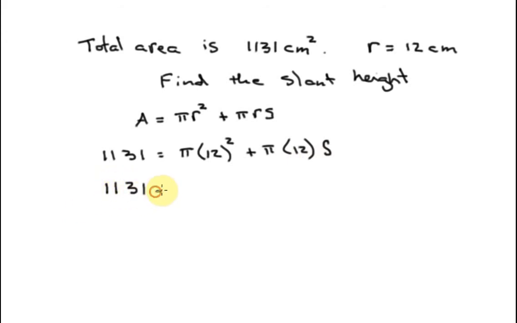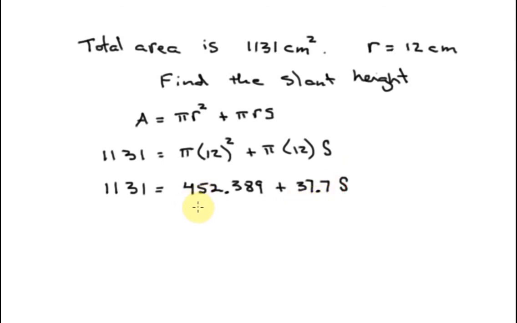Well, let's make one calculation pretty easy. We can go 12 and square it and times that by pi. When I did that, I got 452.389. Then I went ahead and I went 12 times pi, and I got 37.7 times s.